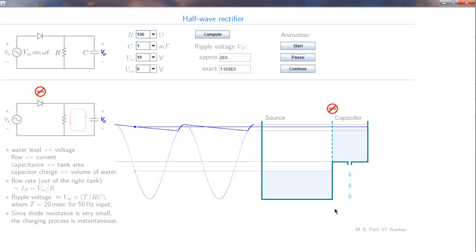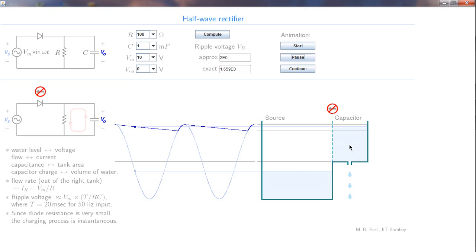Let us now comment on the size of the currents involved, in particular the load current and the diode current. Where is the load current in this picture? The load current is right here. So the load current basically is responsible for discharging the capacitor here, and this water flow is responsible for emptying the capacitor tank.